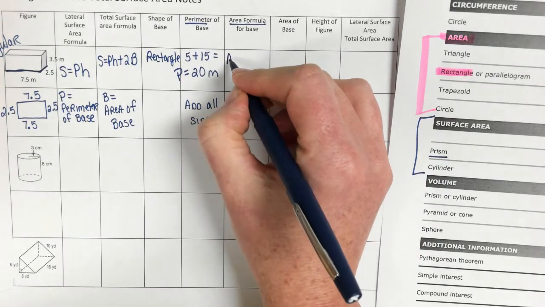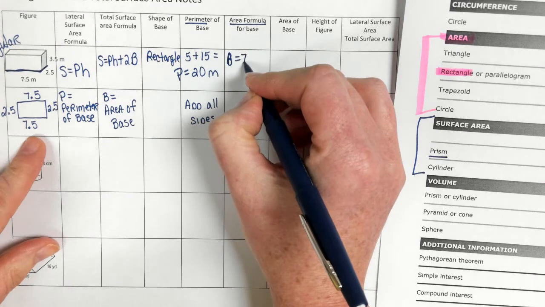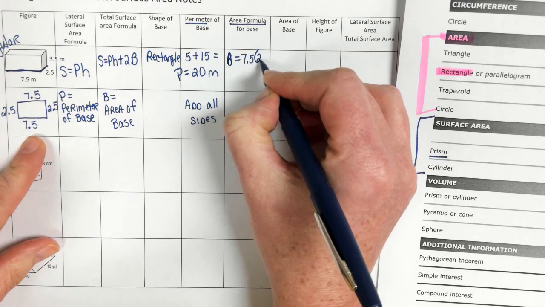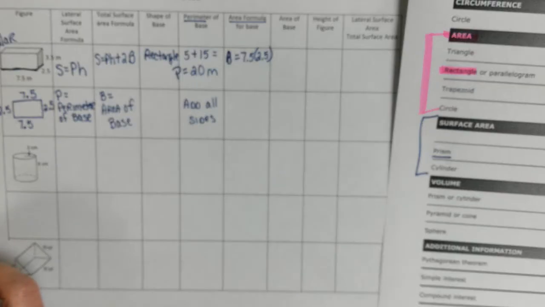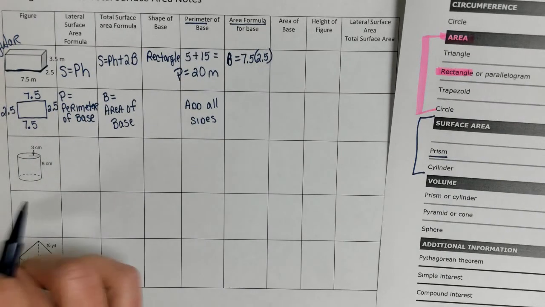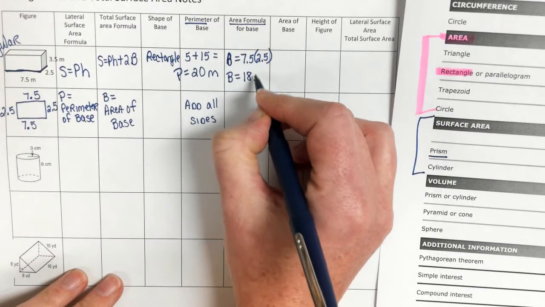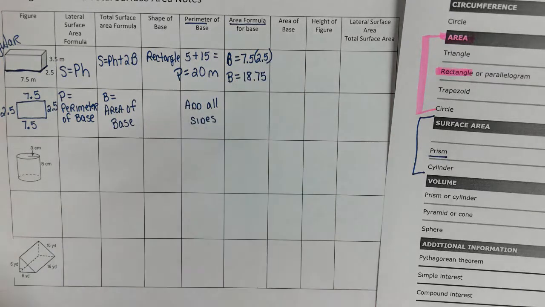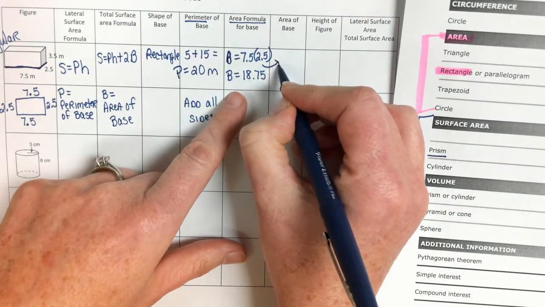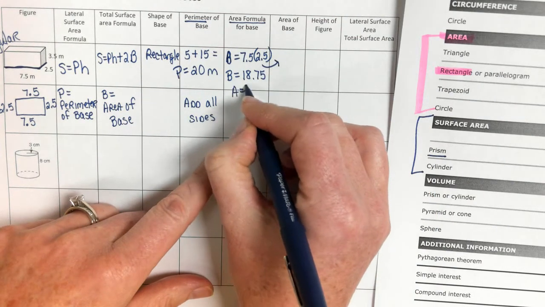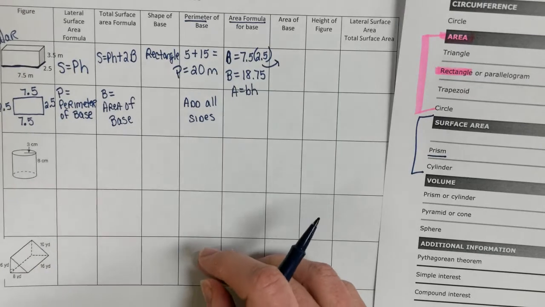So to find the area, the capital B, we're going to do 7.5 times 2.5. That's going to be the area of our base. Let me use my calculator. The area of our base is 18.75. I used a capital B because, whoops, I forgot, this should have been right here. Our formula was base times height. I was getting too excited here. It's been a long day.